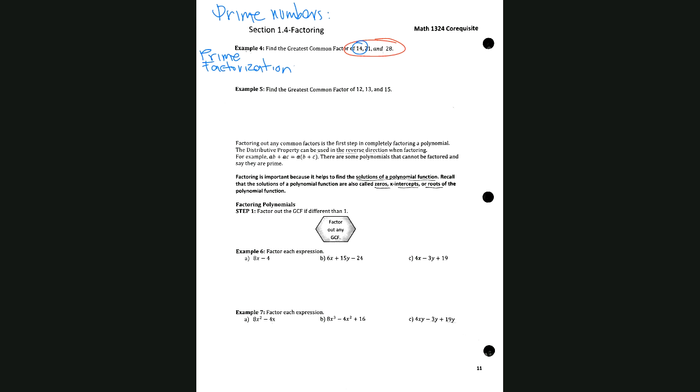But the smallest prime number is 2, then 3. And these are numbers that can only be divided by themselves and number 1. By the way, 1 is not a prime number, and that is just because the definition of it, the number must be greater than 1. So we start with 2, 3, 4 is not prime because it could be divided by 2.